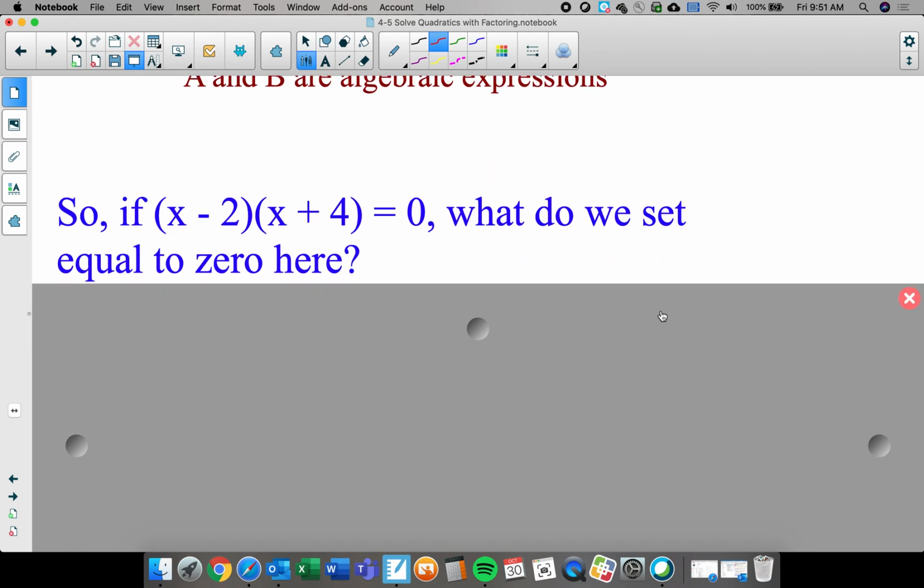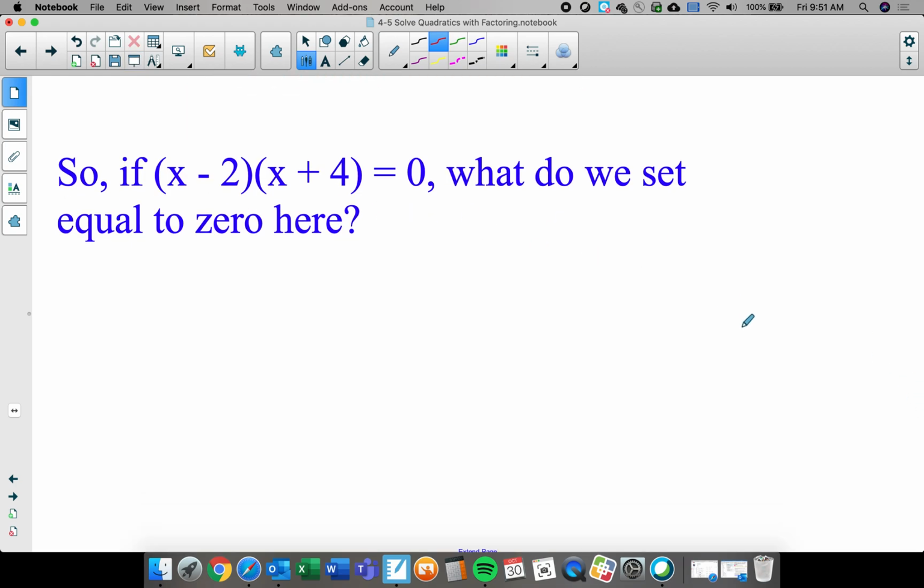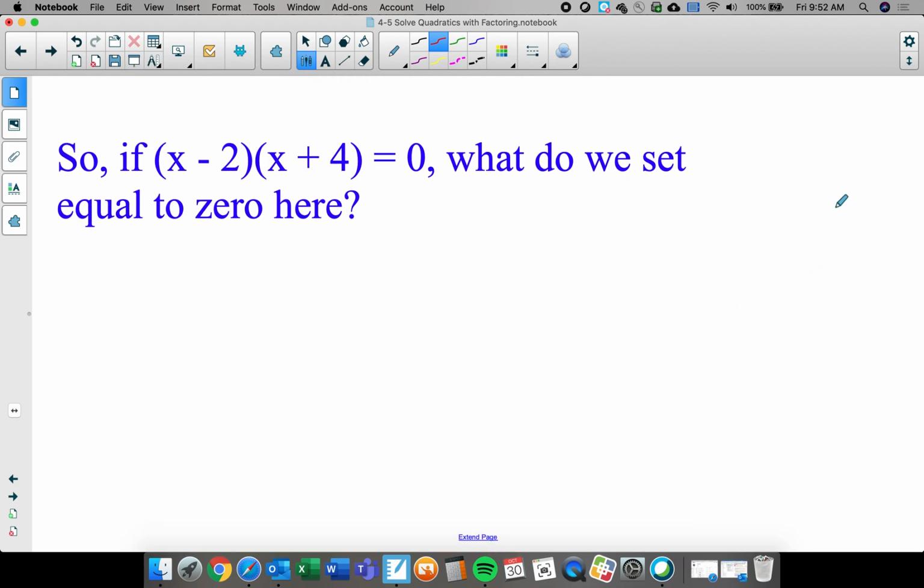So here's a scenario. Let's say we factored our problem and got it to this part. Now, what do we set equal to 0 here? We set each factor. So if x minus 2 equals 0, that means you'd take 0 times the x plus 4 and you would get 0.